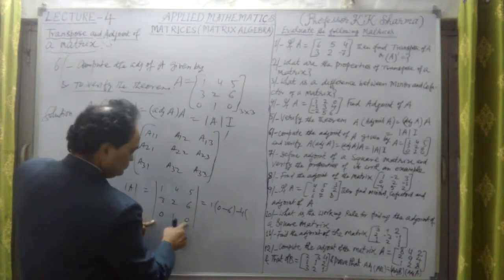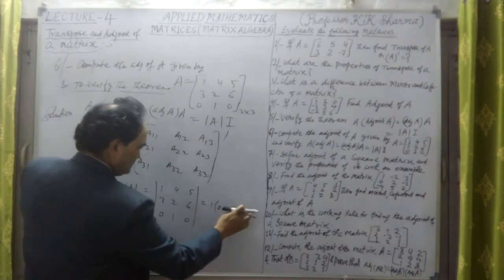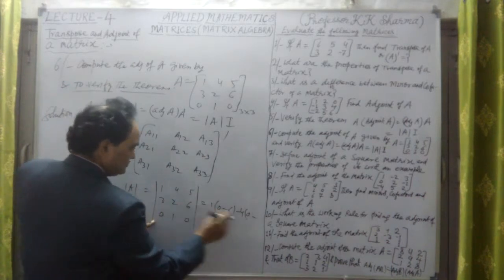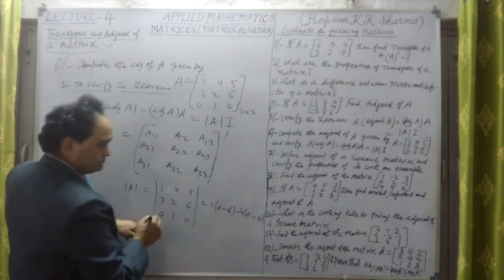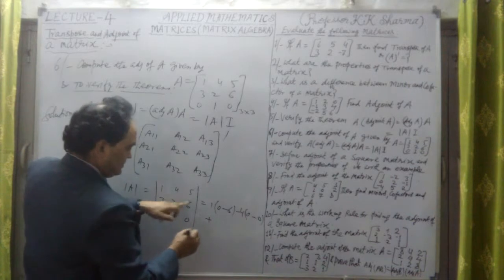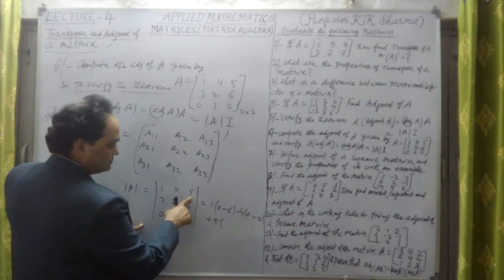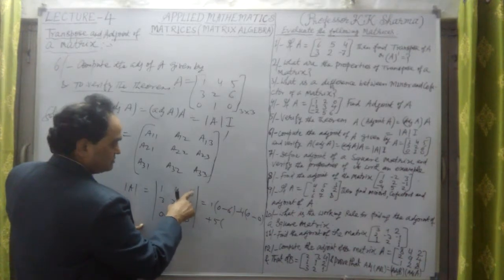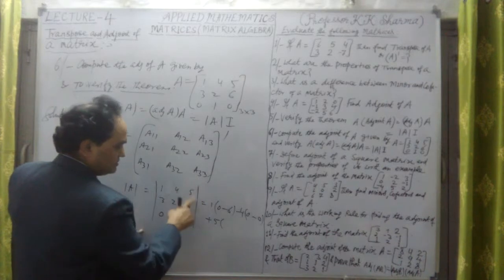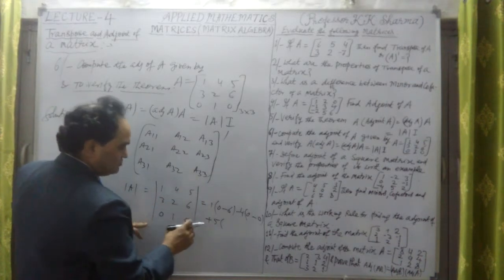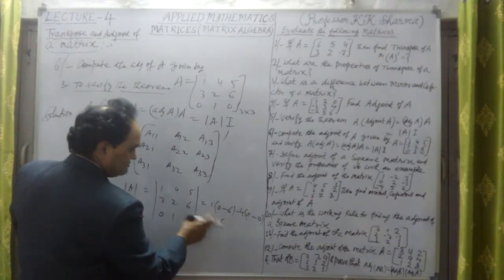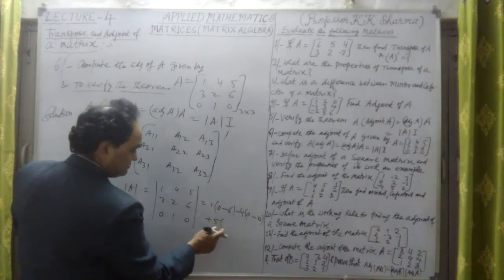So 3 into 0 is 0, minus sign, 0 into 6 is 0, this is also 0. A plus sign here, 5 into this is positive. Why positive? Because minus 1 raised to the power 1 plus 3, this is third column, first row, 1 plus 3 means positive. Just multiply like a number, and the cofactor value is positive in this case.